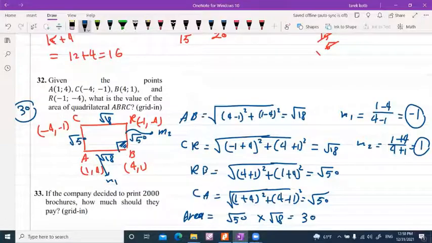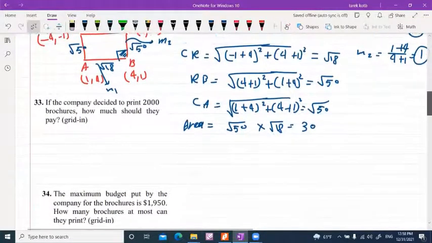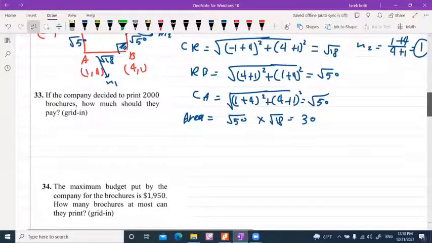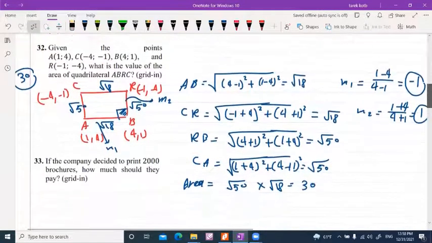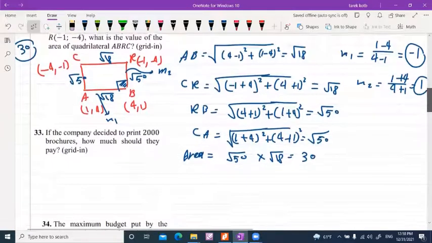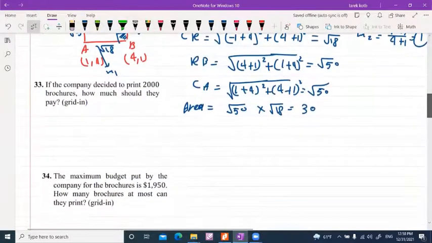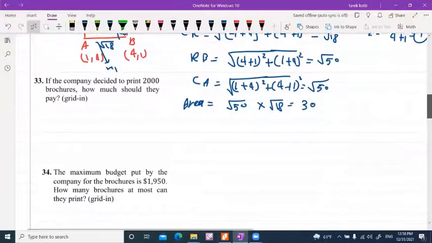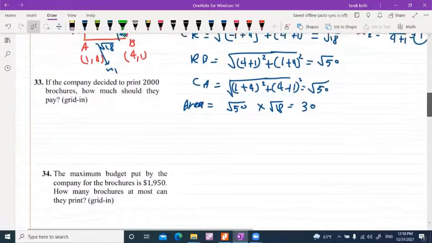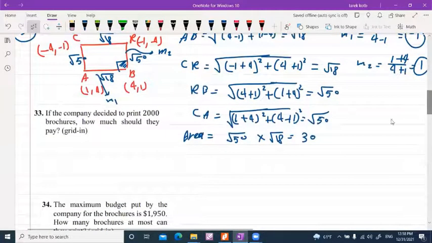33. If the company decided to print this number 33, 31. Oh, maybe I have missed something here. Let me see 33 from the exam itself.